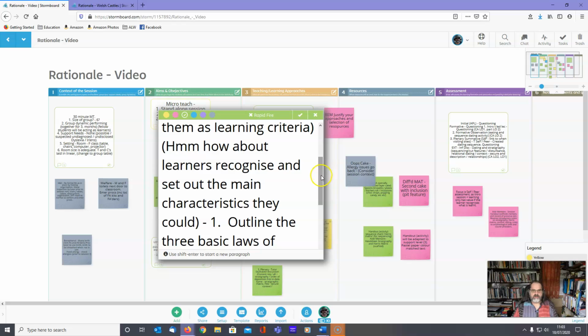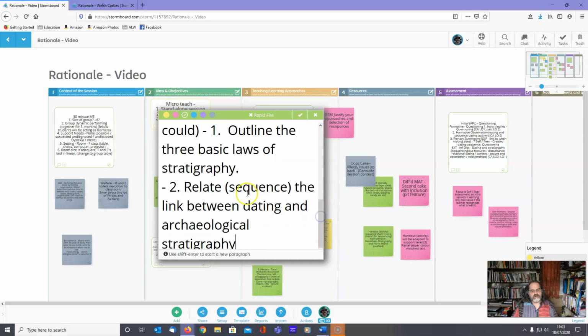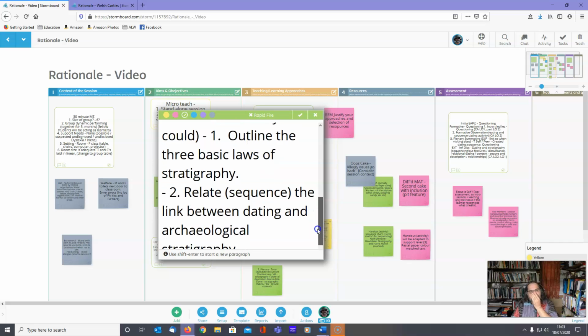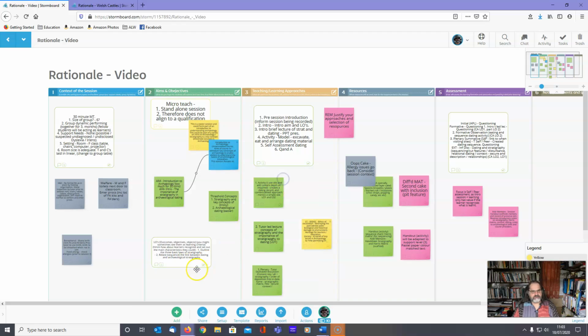So they could outline the three basic laws of stratigraphy, and then we could relate or sequence the link between dating and archaeological stratigraphy. That'll do stratigraphy when the dating comes in there. So those two learning outcomes, I feel confident, will actually hit that aim and also satisfy these key concepts.